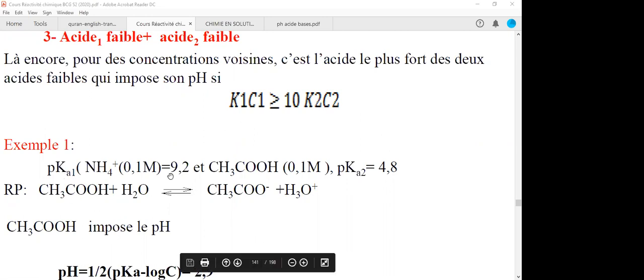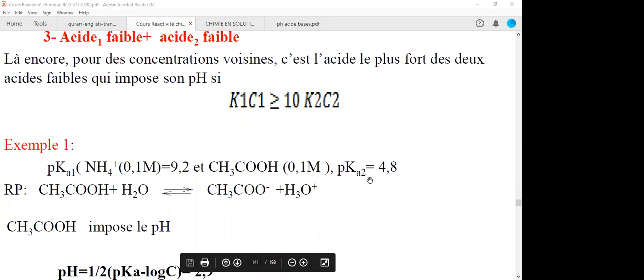So here 10 to the power negative 9.2 times the concentration 0.1. No, sorry, this is the acid which is going to impose the pH, so it's 10 to the power negative 4.8.